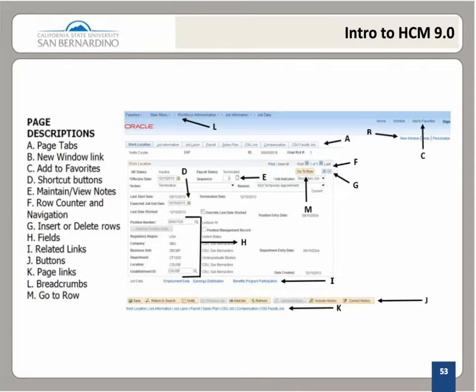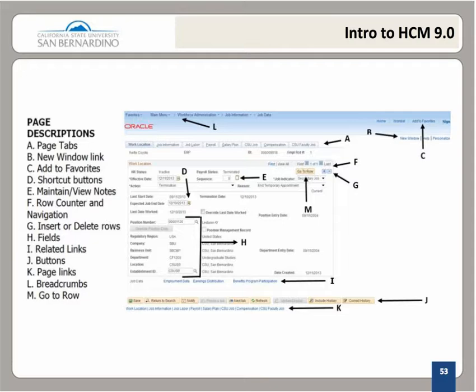Let's dissect the HCM 9.0 page and examine its elements: data entry fields, shortcut buttons, page links, page tabs, row counters, scroll areas, and buttons. A. Page tabs identify the page you are viewing and allow you to navigate through a component. The blue page tab that stands out in the front indicates the page that is being displayed.